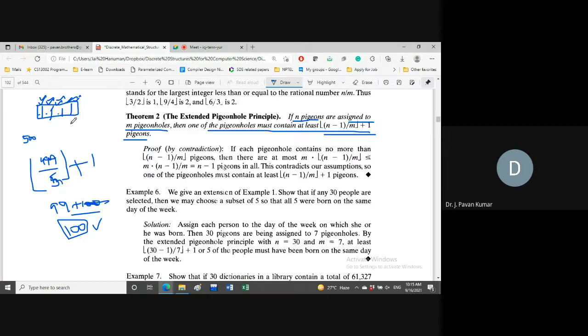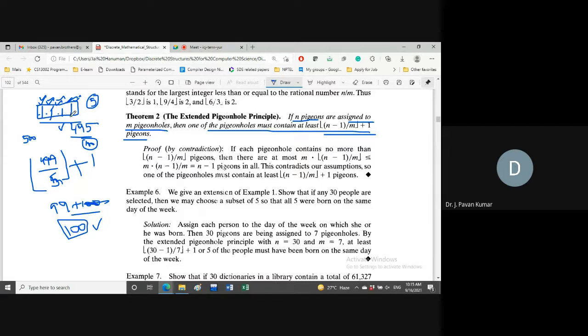Then we will have completed up to 495. Yes or no? 99 multiplied by 5 is 495. Now we are left with 5 pigeons. If you put those 5 pigeons in any of these, then definitely we will get 100. At least 100 pigeons we will have in at least one pigeonhole.